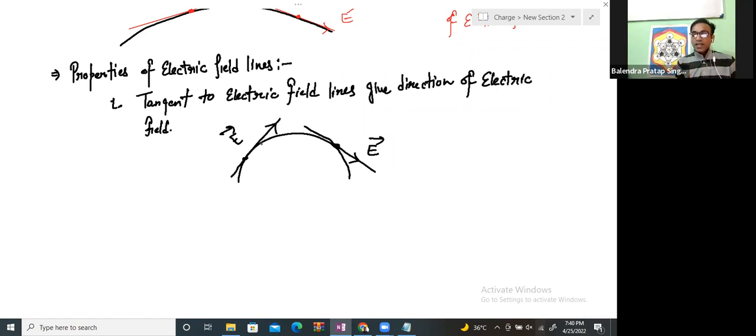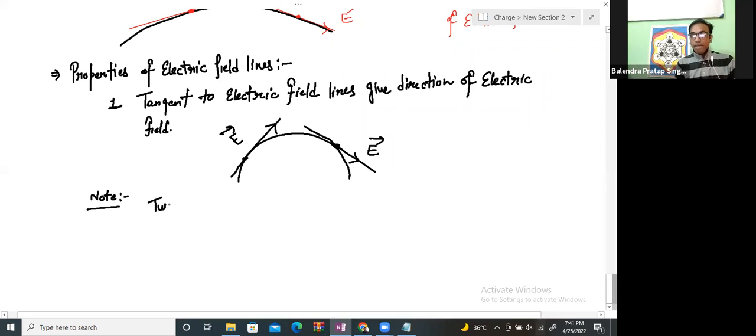Next, an important point related to point number one, a small note: two electric field lines never intersect each other. That's a very important point.